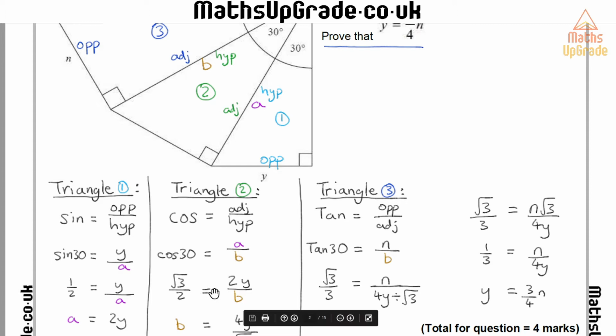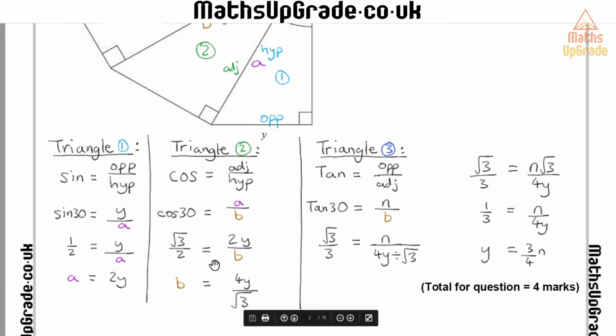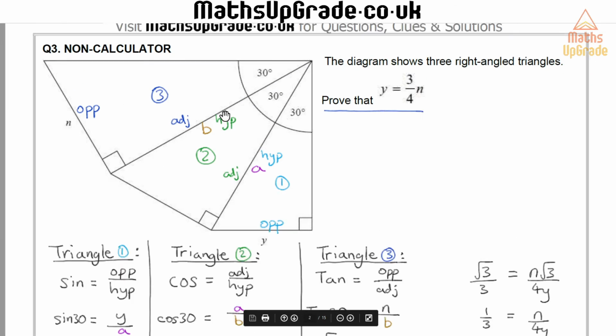So root 3 over 2 equals 2y over b. If I rearrange this, then I get b equals 4y over root 3, simply by cross multiplying. So b equals 4y over root 3. So now I've got an equation which relates b to y, so relates this side here to that side there.